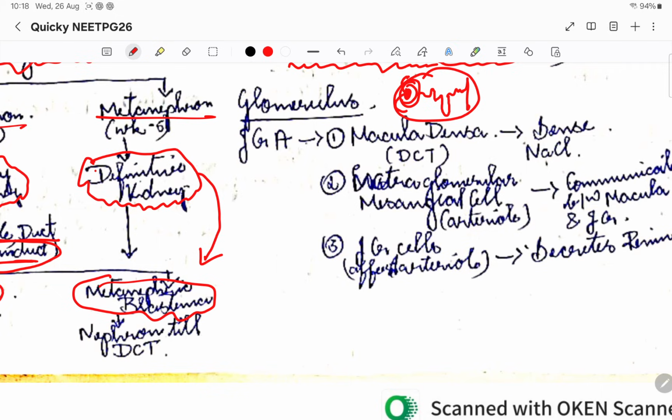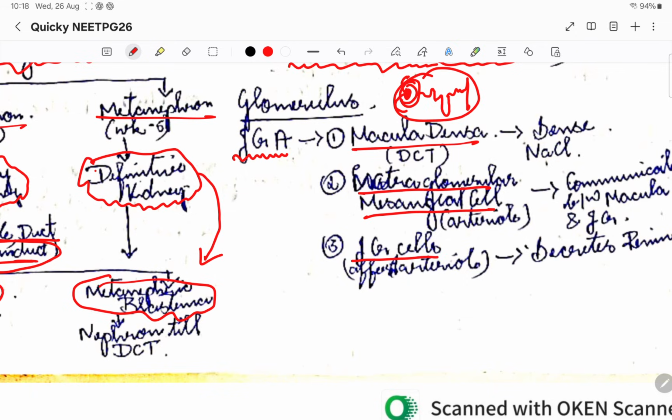There is an important structure with respect to the glomerulus, that is the JGA, the juxtaglomerular apparatus. There are 3 cell types pertaining to the juxtaglomerular apparatus: macula densa, extraglomerular mesangial cells, and JG cells, the juxtaglomerular cells.